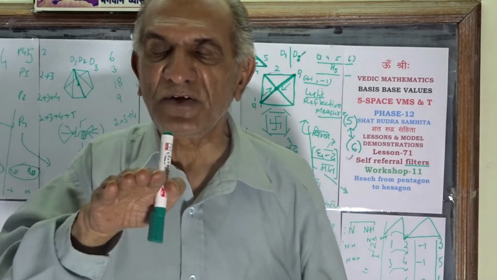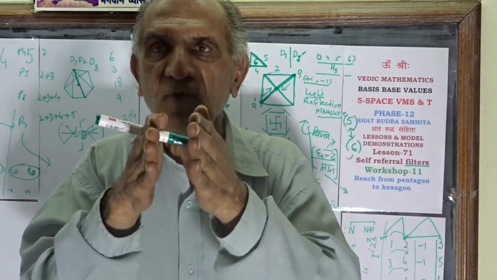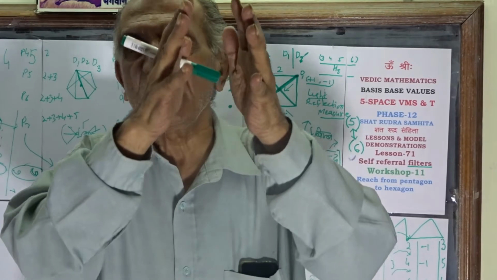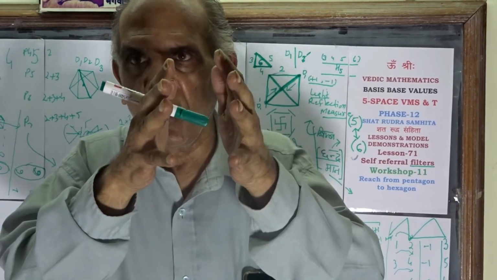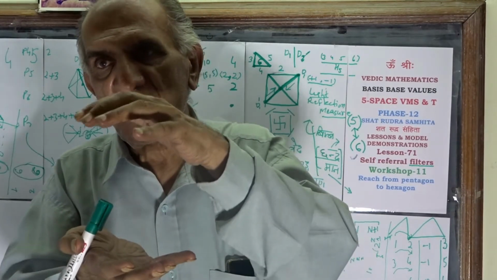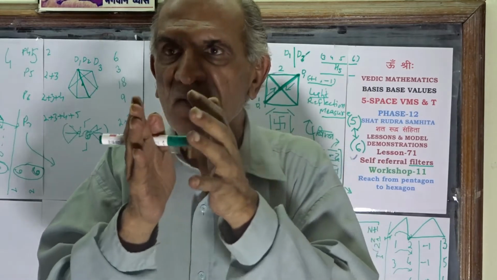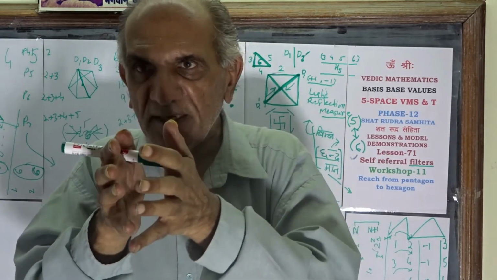It is this filtering phenomenon of the transcendental flow which, at the base format of a hexagon 6-space domain, gets filtered.